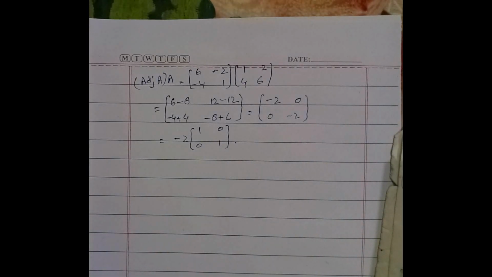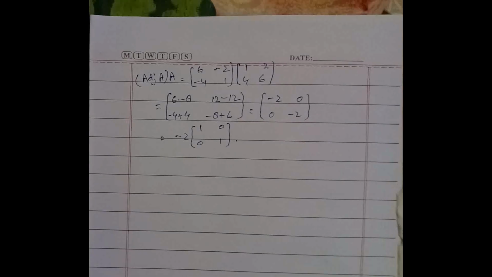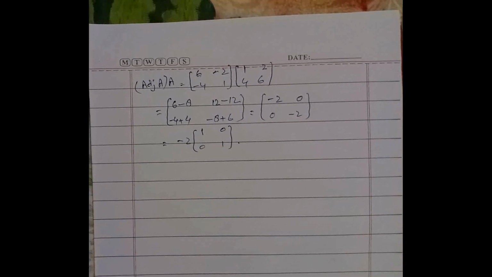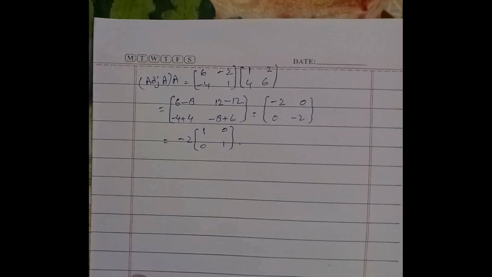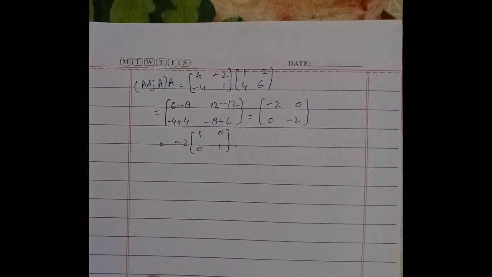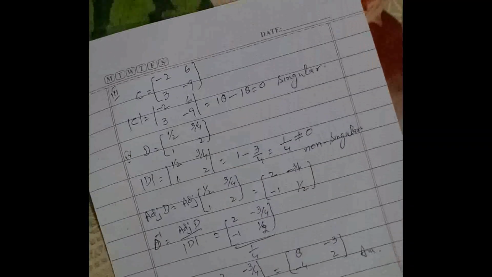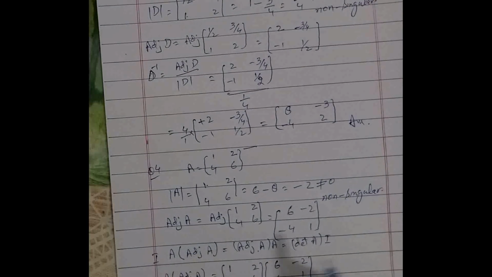And this is the second value, we find adjoint A into A. And here we verify that adjoint A into A is equal to determinant A into identity matrix.